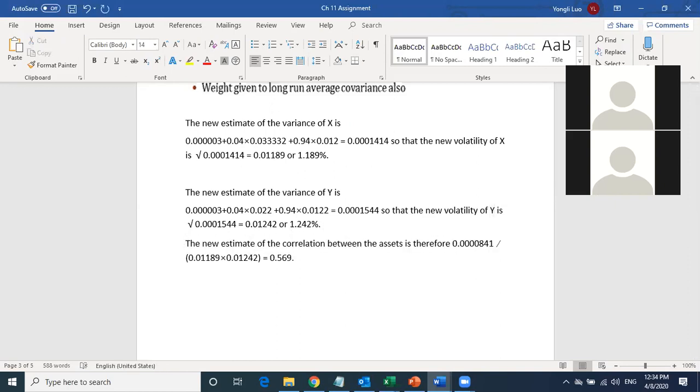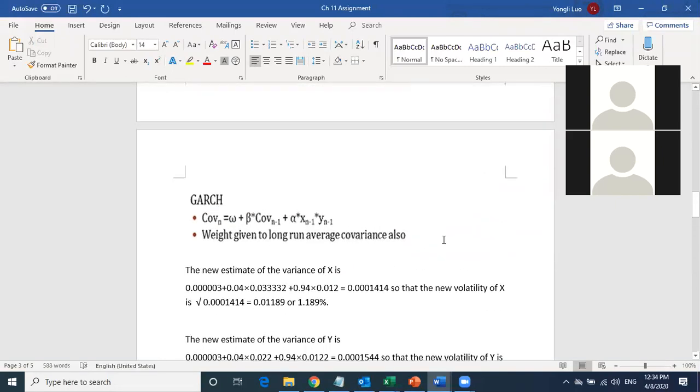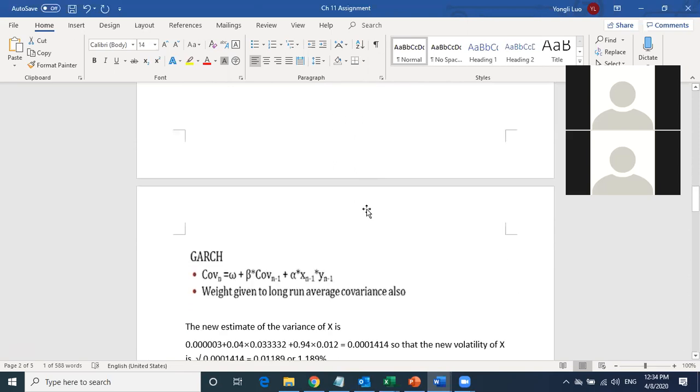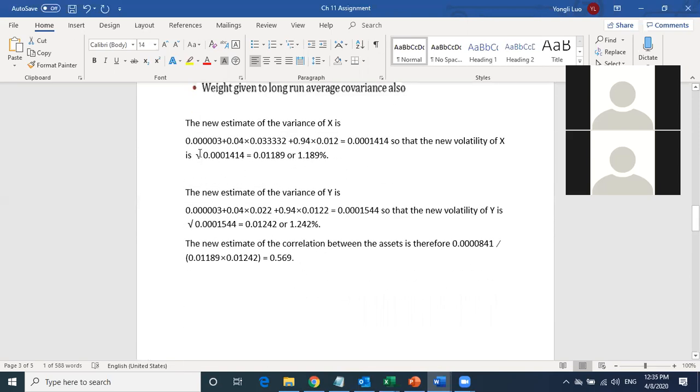So the new estimated correlation between these two assets is the new covariance you estimate here in the numerator, divided by the standard deviations of these two assets. The standard deviation is the square root of the variance.